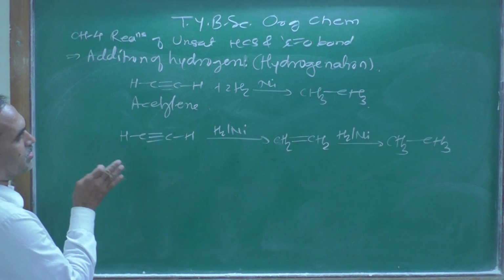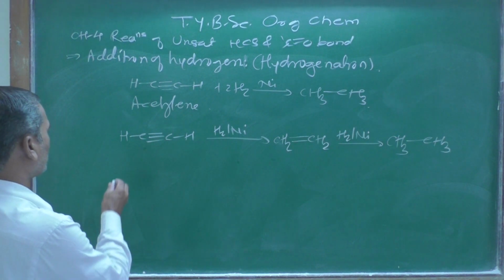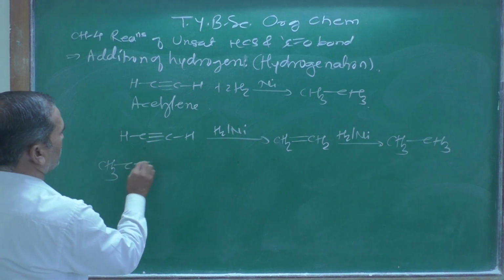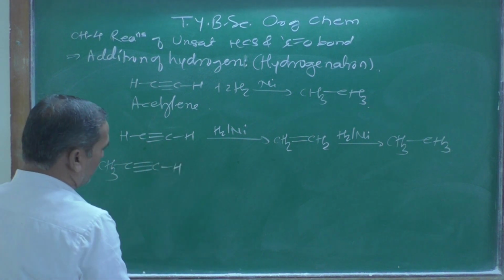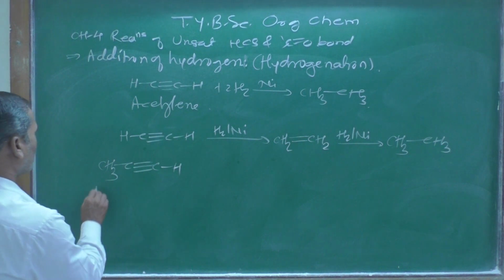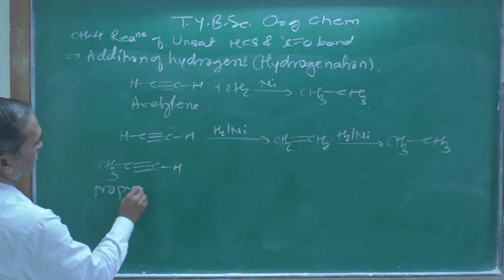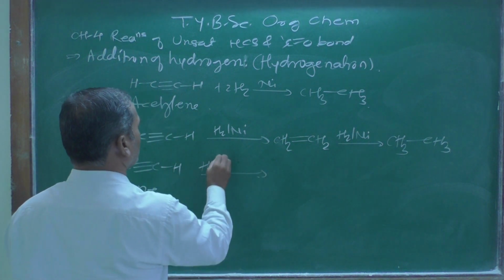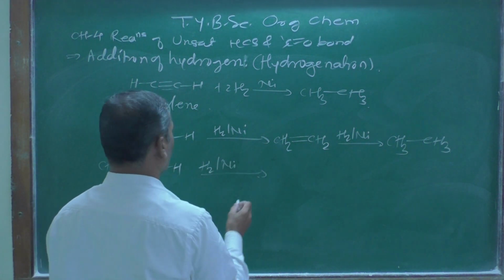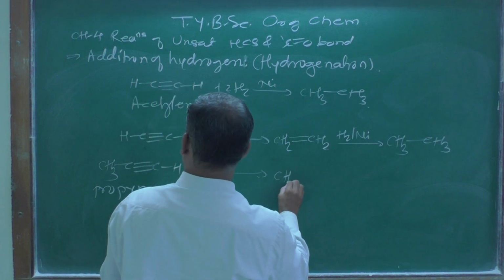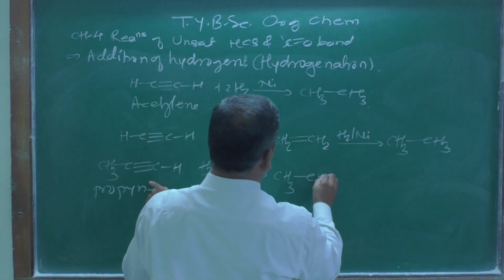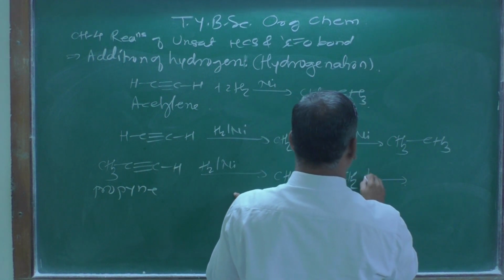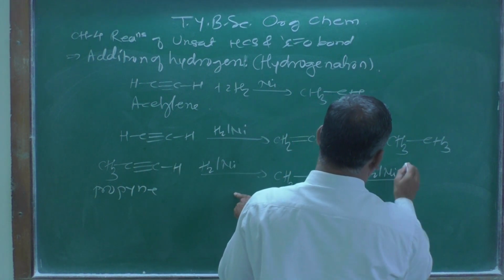Now in addition, suppose we have an unsymmetrical alkyne, CH3 C triple bond CH. This is propyne, the starting compound. It is treated with H2 in presence of nickel.